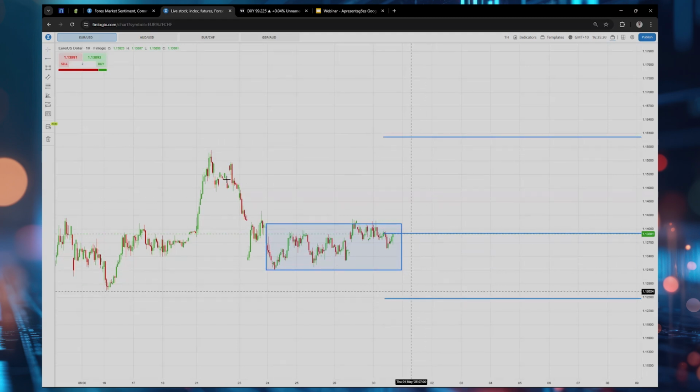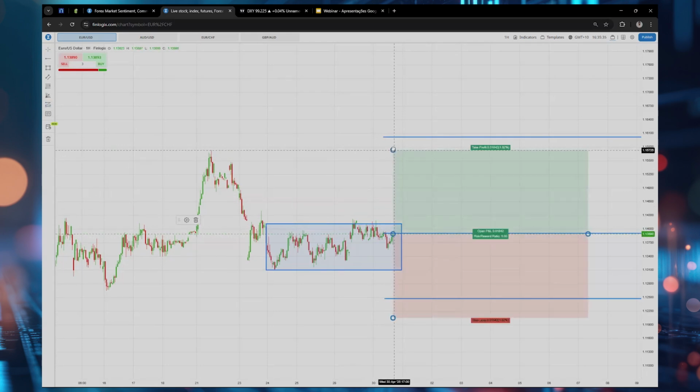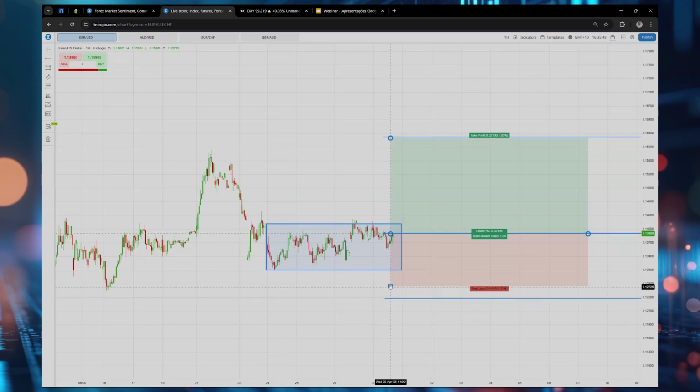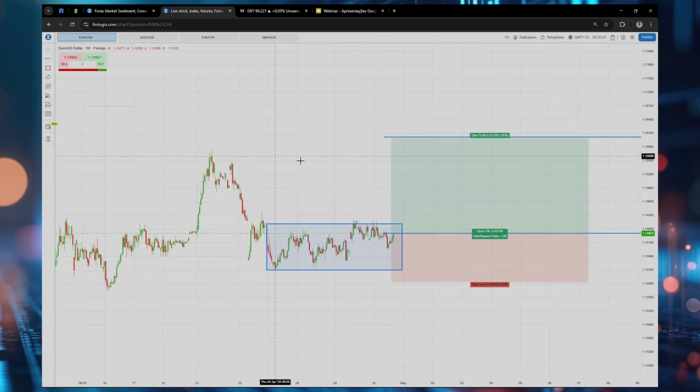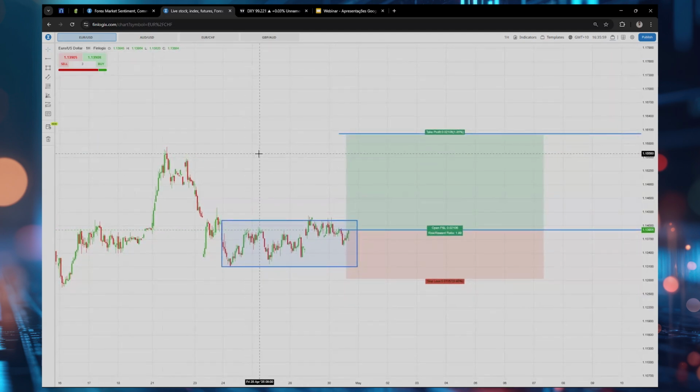So we have pretty much 1 to 2 here. I'm going to be longing at market price, take profit at 116, and stop loss at 112.80. There you go, it's pretty much a 1 to 2 trade. That's what I'm looking to trade at the moment on Euro dollar.